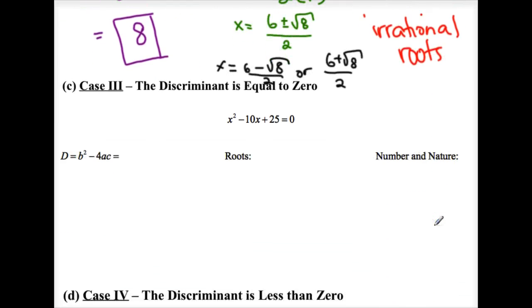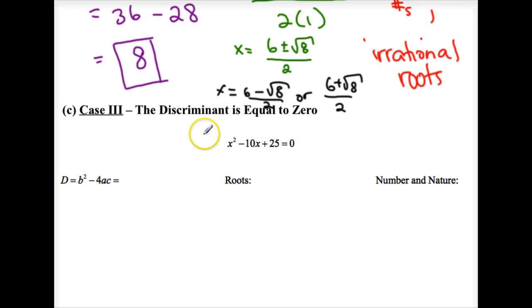There are 2 more cases we need to look at. So case 3 says when the discriminant is equal to 0, what happens? So in this case, you know the discriminant is going to equal 0, but nonetheless, let's do this. A is 1, B is negative 10, and C is 25.